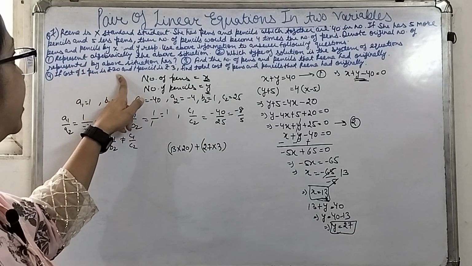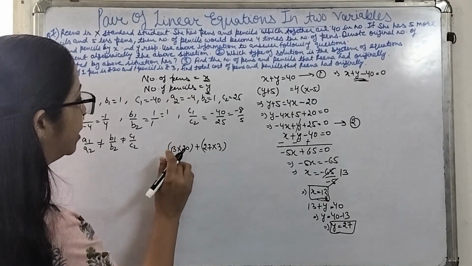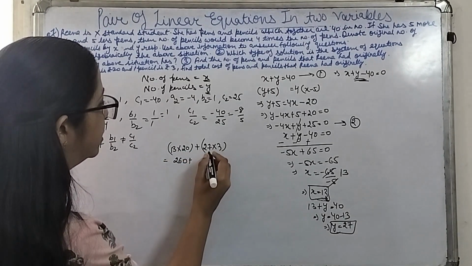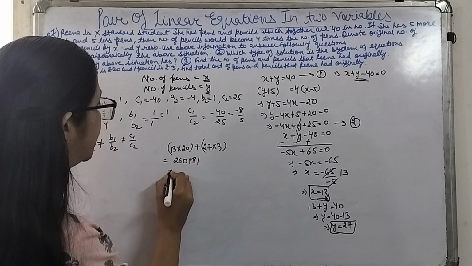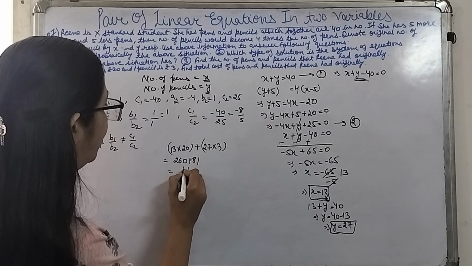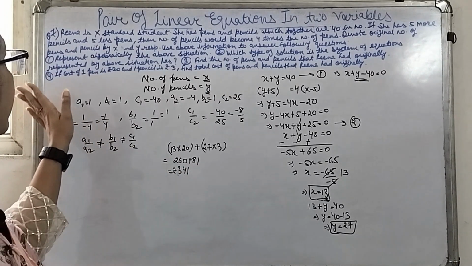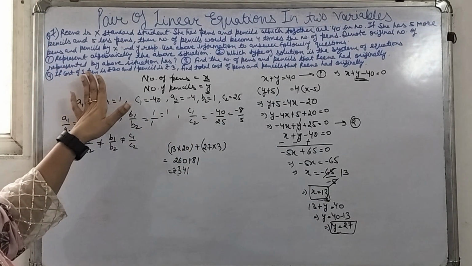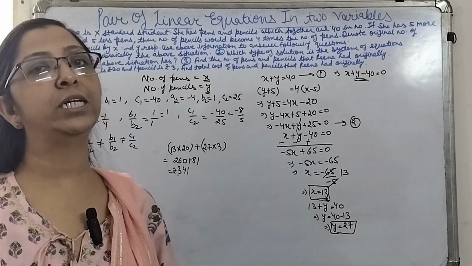So what will it be? 13 2s are 26, 260 plus 3 7s are 21, it will become 341 rupees. So the cost of 13 pens and 27 pencils, with one pen costing 20 and one pencil 3, is 341 rupees.